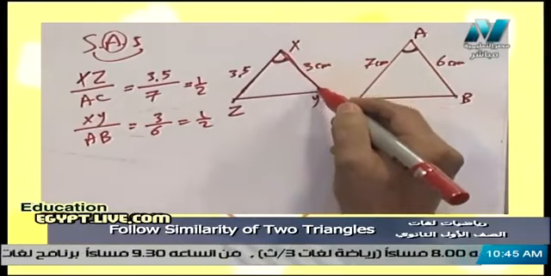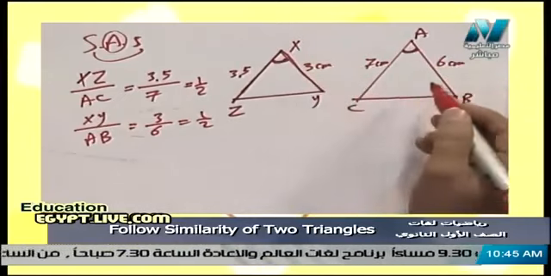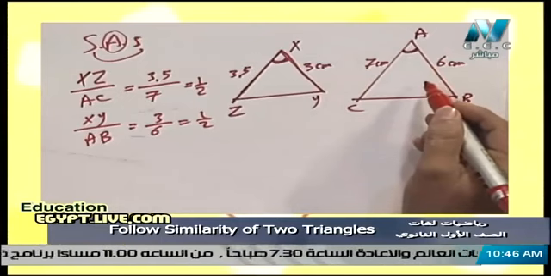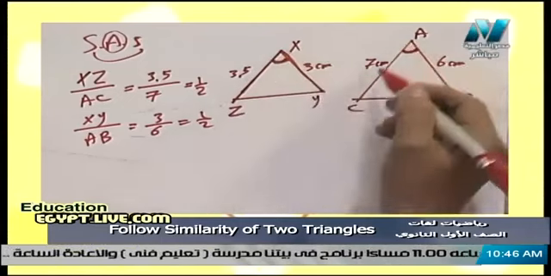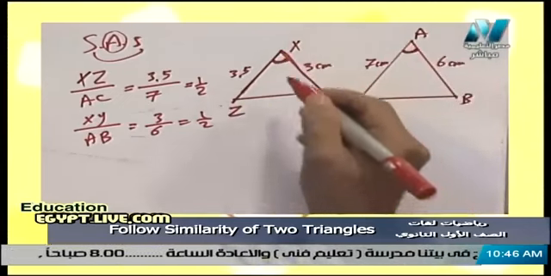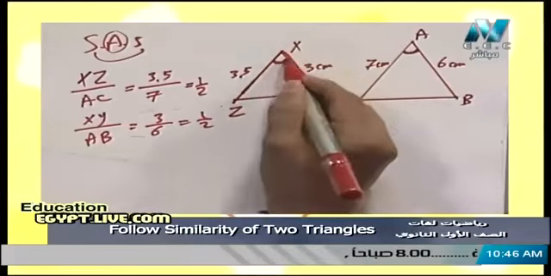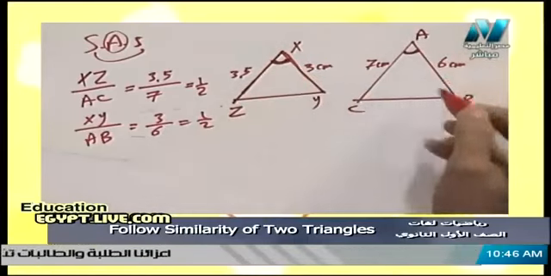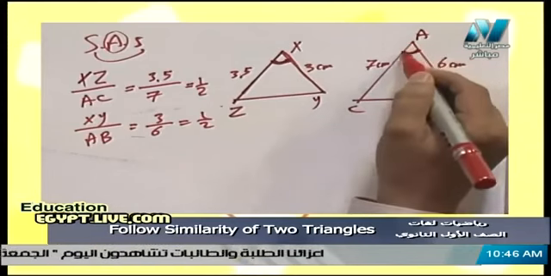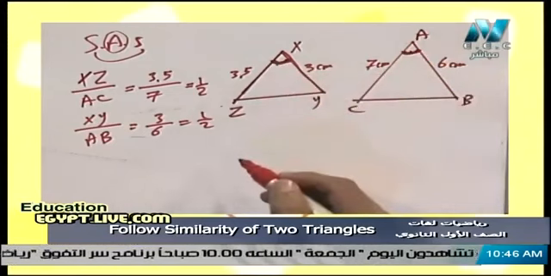XY and AB are corresponding sides, and they are proportional because the ratio is equal to XZ over AC. And concentrate carefully that each of the two sides here includes the angle X, and each of the two sides here includes the angle A, which are equal to each other in measure.